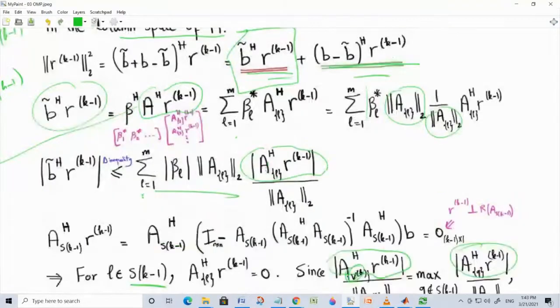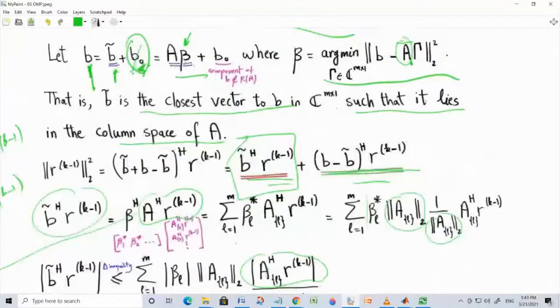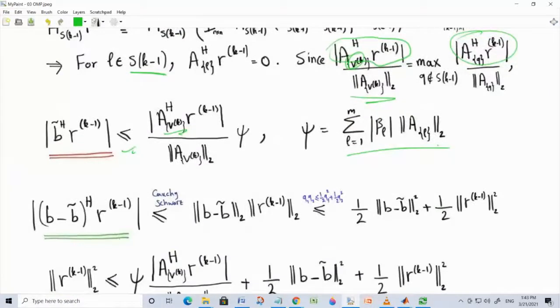Now, what about the other term? The other term is b minus b tilde. This is b_0, which is non-zero if there is a component in b that is not in the range of A, and this is an inner product. So it is very tempting to upper bound it using the Cauchy-Schwarz inequality.